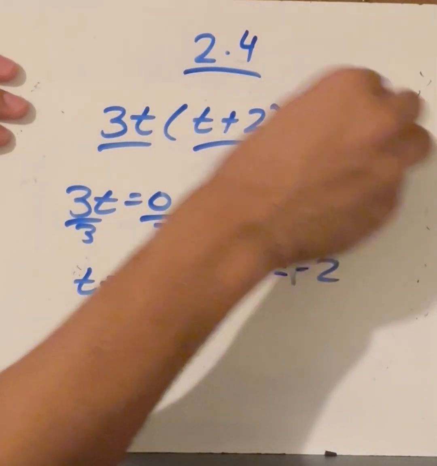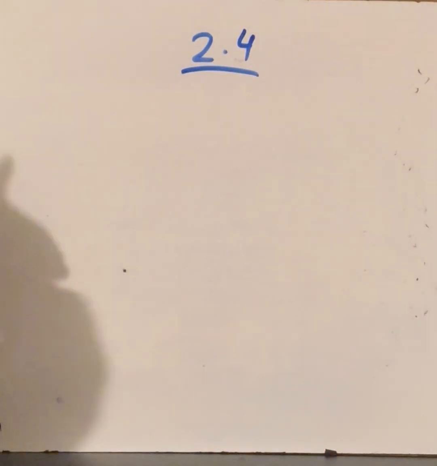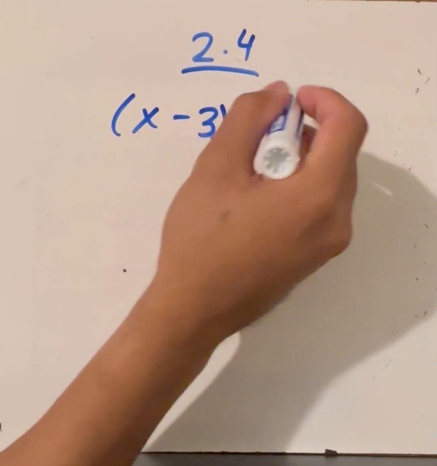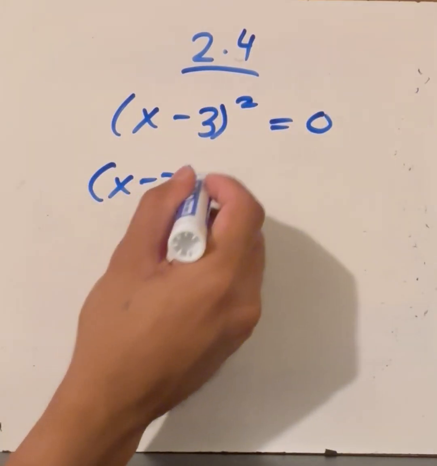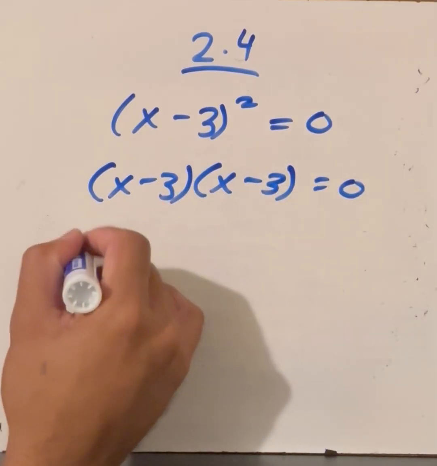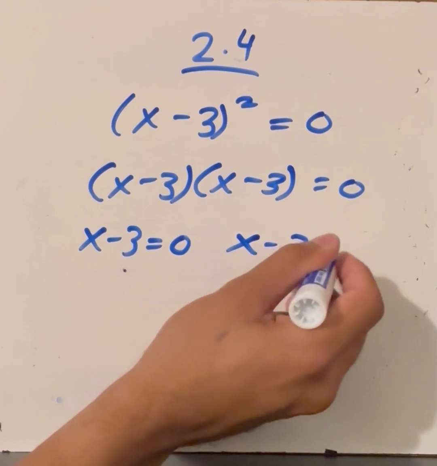If your question looks something like this, x minus 3 squared equal to 0. Notice that that is saying x minus 3 times x minus 3 equal to 0. So it's setting x minus 3 equal to 0 and x minus 3 equal to 0.